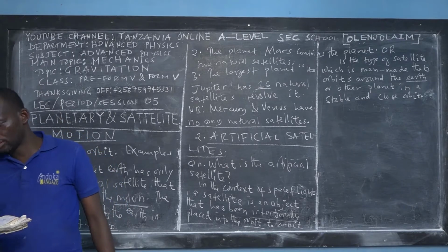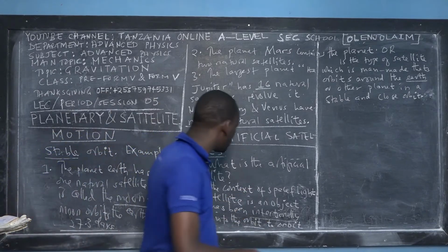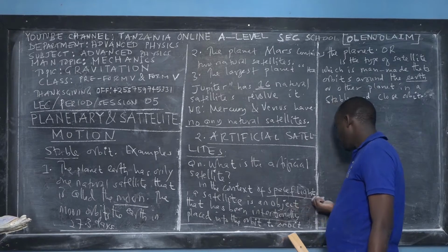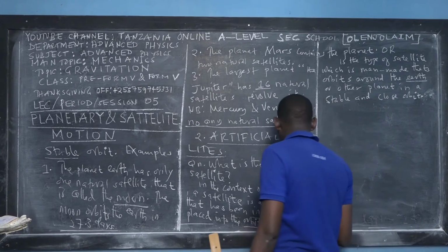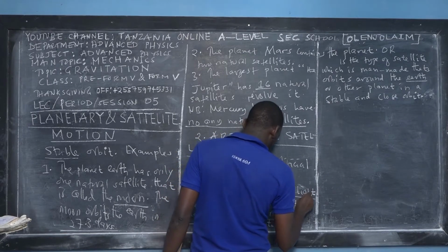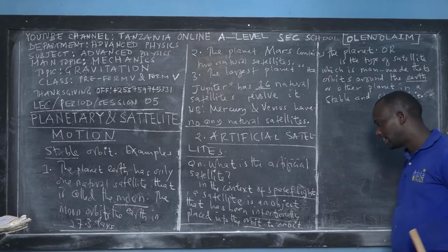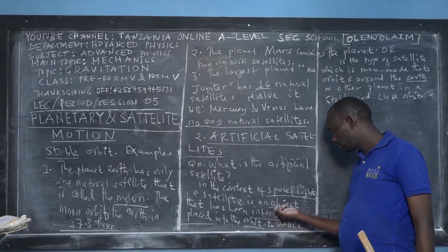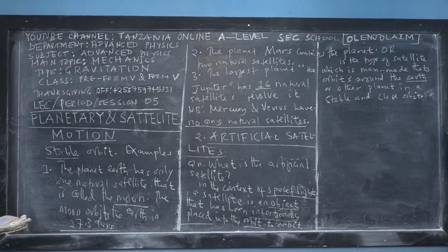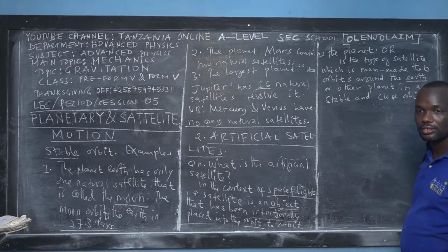We say that in the context of space flight, the subject that studies sending machines into space, a satellite, according to Wikipedia, is an object that has been intentionally placed into orbit to orbit the planet.